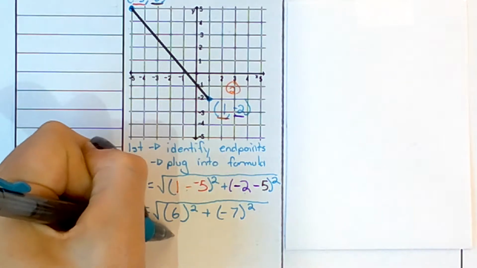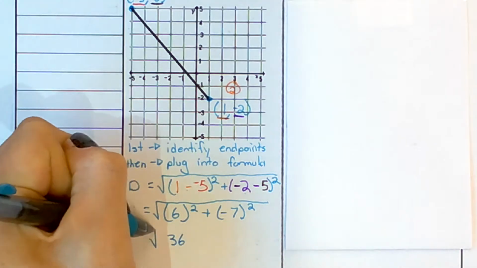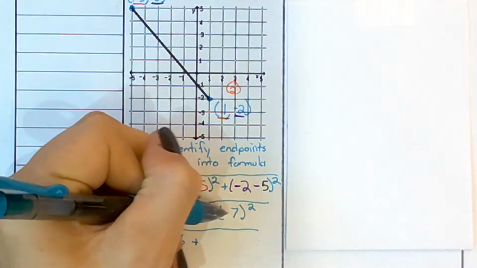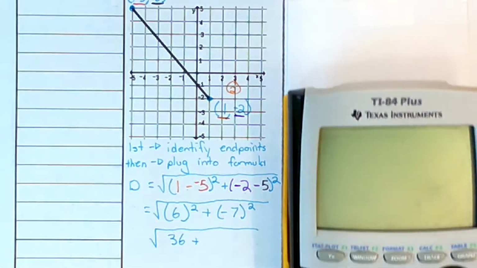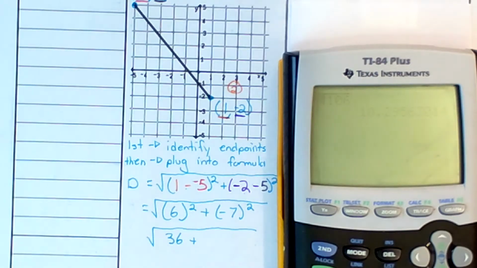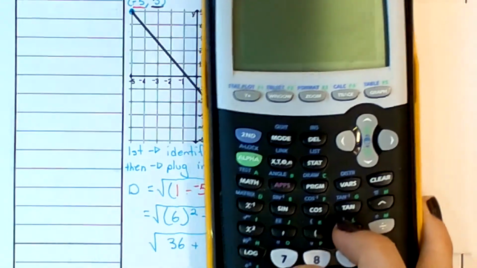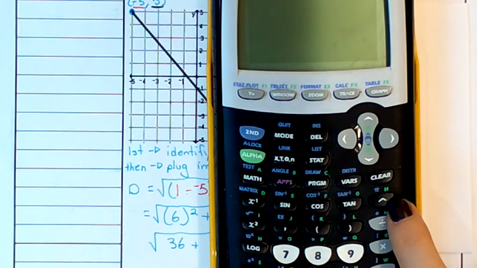So 6 squared is 36. -7 squared. Make sure that when you plug this in, you use parentheses. So you should have parentheses, -7, close parentheses, and then on these calculators, you're looking for this button right here.